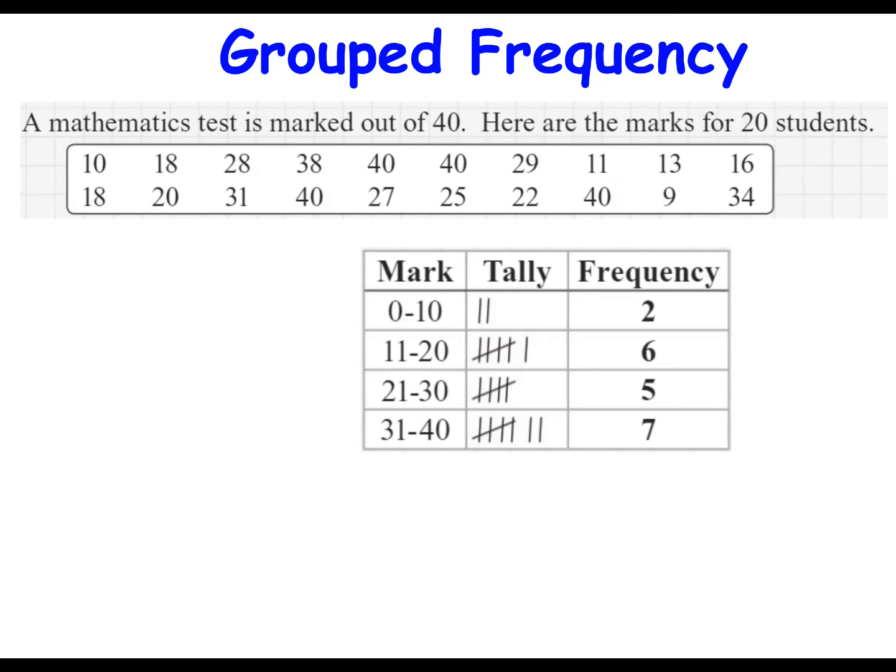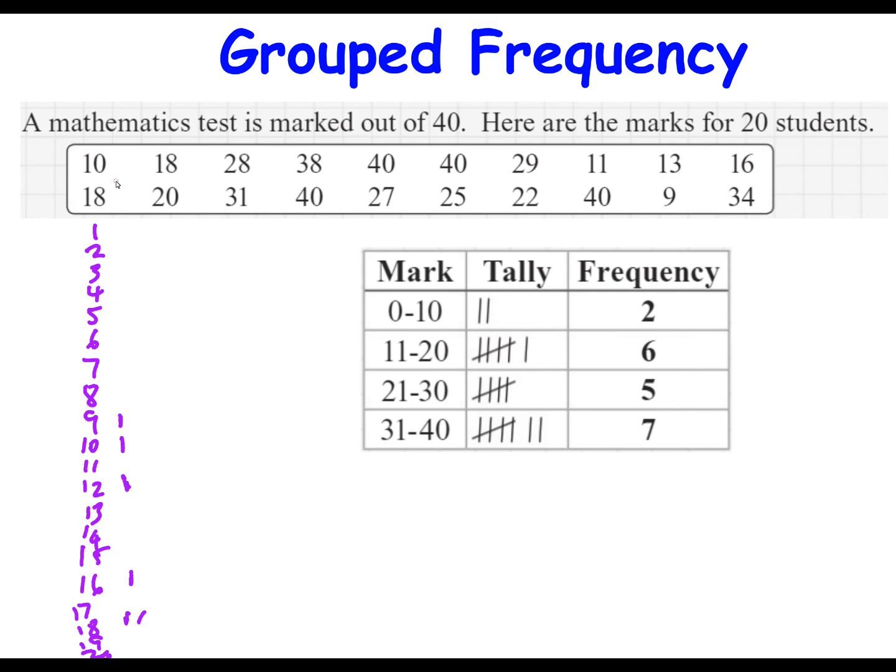Now, sometimes, rather than listing all of the data just to make sure we have it covered, in other words, on our data collection sheet, we could have 1, 2, 3, 4, 5, 6, 7, 8, 9, 10, 11, 12, 13, 14, 15, down to 20. And then when you go and look at your information, you find one person had 10, one person had 9, another person had 12, another had 18, another had 16, another had another 18, and so on.